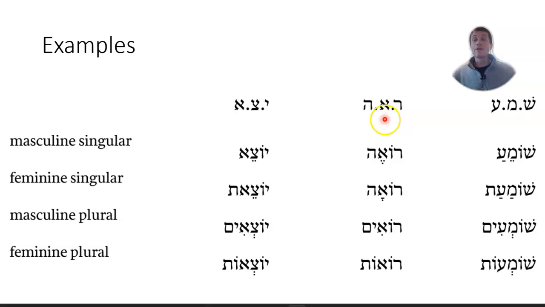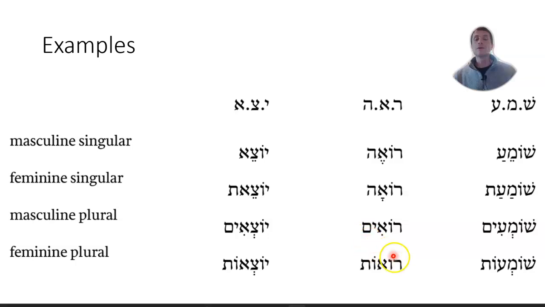Another very common root is a third hey root, where the third consonant is a hey. And this looks a little bit different. You still have that holam vowel representing the participle, but it's ro-eh. You have a segol hey at the end, or ro-ah, kametz he at the end for the feminine singular. And then in the plurals, the final hey drops out, and you just put the plural ending.